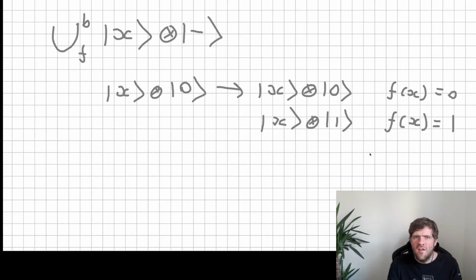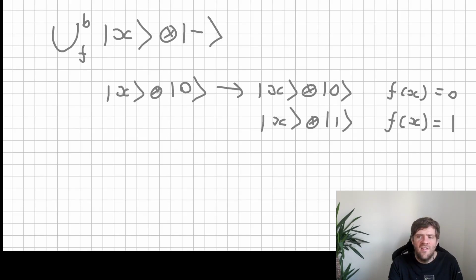So it's kind of like a generalized form of the controlled NOT, but instead of it just looking at the control qubit and seeing if the control qubit is 0 or 1, it instead looks at the control qubit register and sees, is this an x that would give me f(x) equals 0, or is it an x that would give me f(x) equals 1?